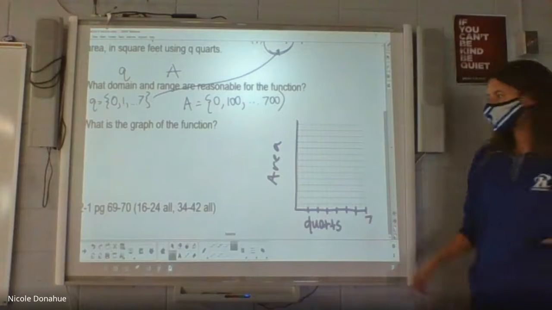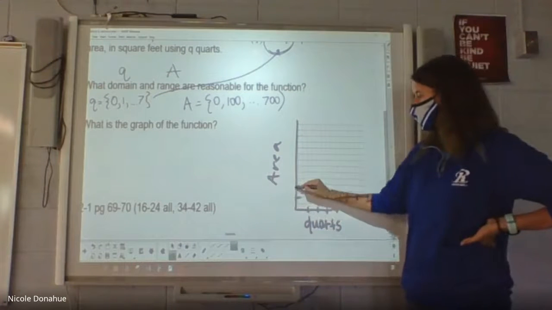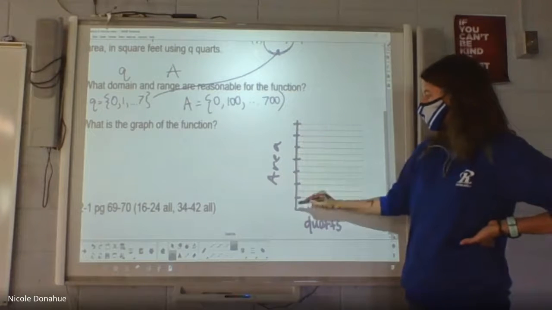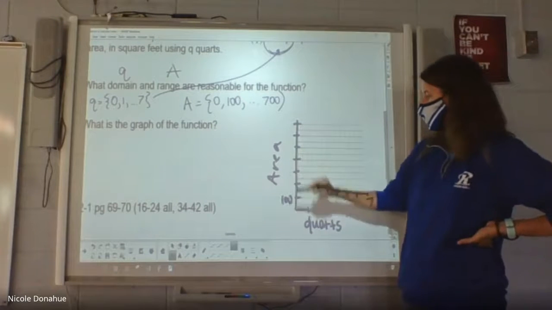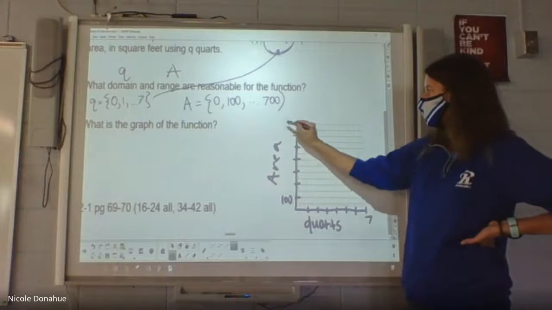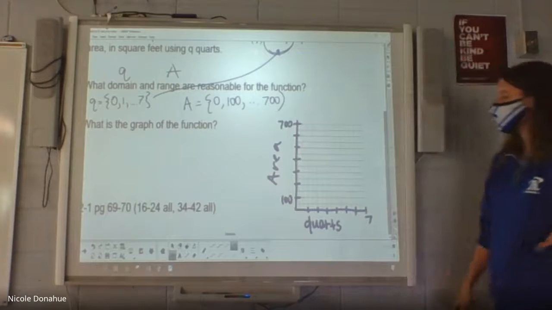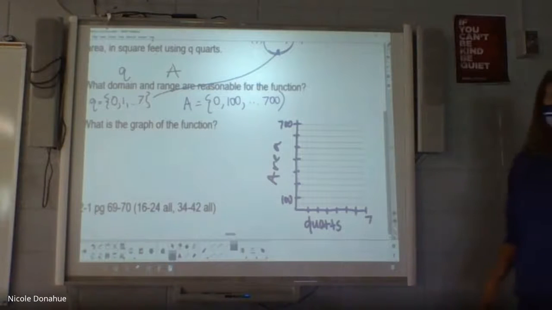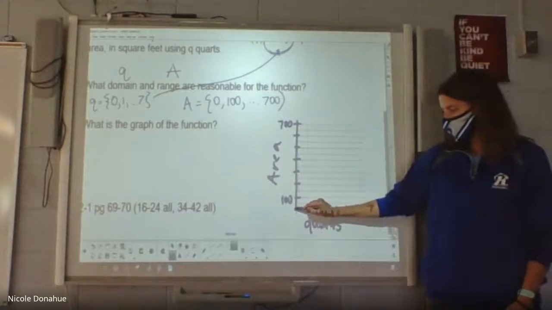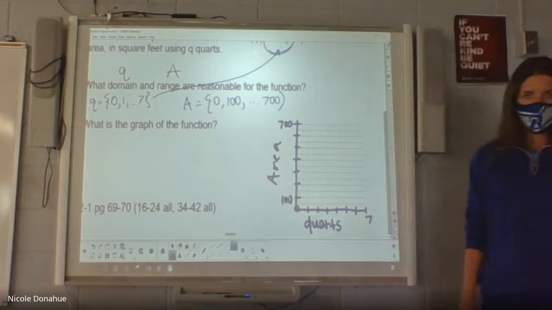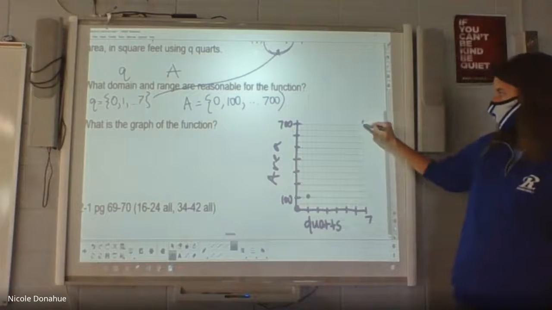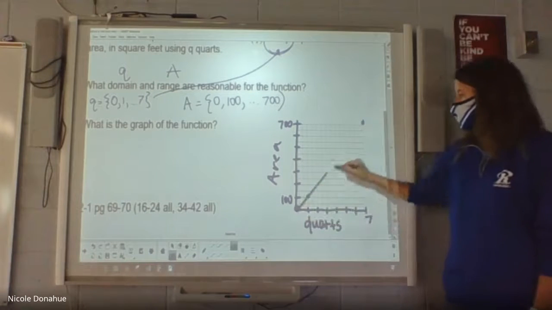The area, same thing. I start at 0, go up by hundreds. I have enough that way too. 2, 3, 4, 5, 6, 7. Oh good, look at that. And so the graph would just be a linear function. If I don't paint at all, if I have 0 quarts, it's 0. If I have 1 quart, it's 100. All the way up to 7 quarts is 700. This is a linear function.